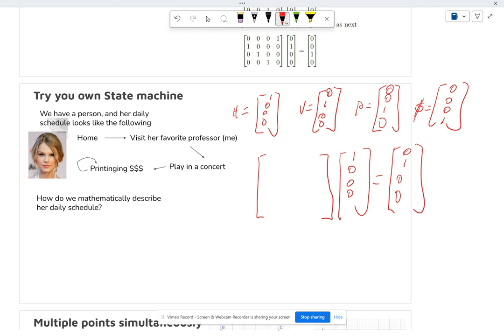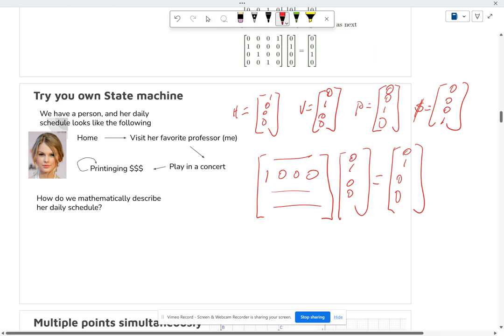So that would be, let me see. It's saying that the second one has to be 000. Okay. So the first one we don't know yet. The third and fourth we don't know yet. Now, if we're in the second state, 0100, we want that to be in the third state.